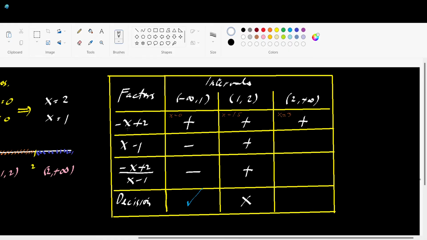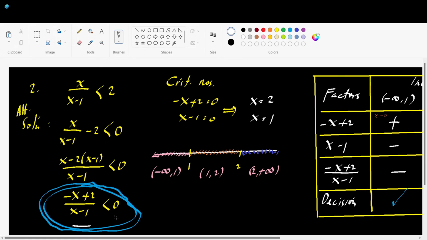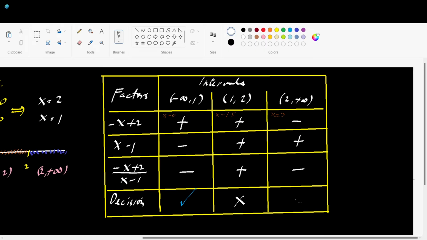No? Negative 3 plus 2. That should be negative. Negative 3 plus 2 is negative. Then 3 minus 1 is positive. Negative x plus 2 is negative divided by x minus 1, which is positive. The answer is negative. And we know that a negative number is, again, less than 0. So we put a check mark there.